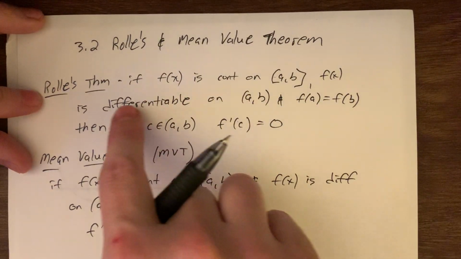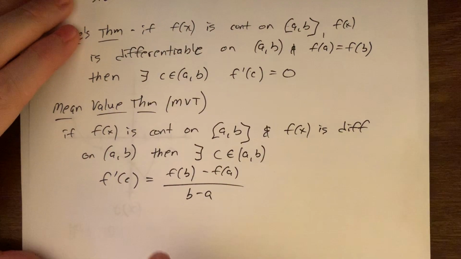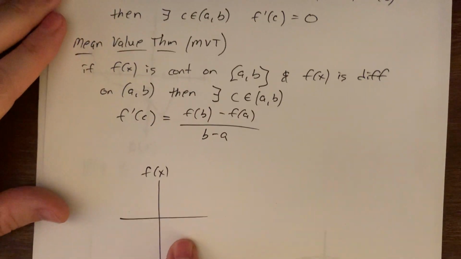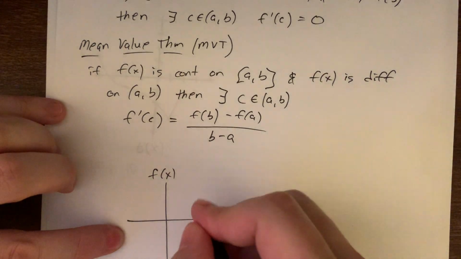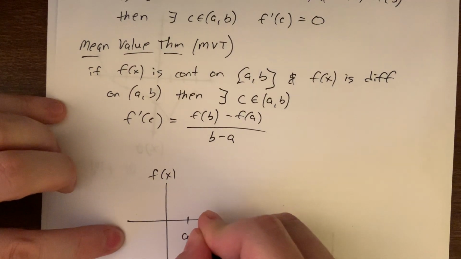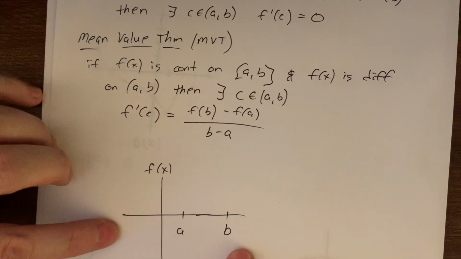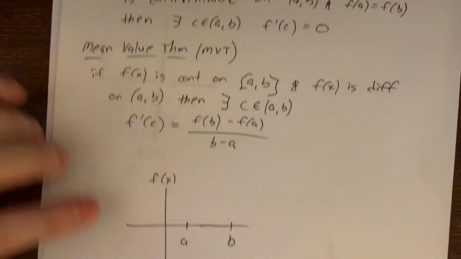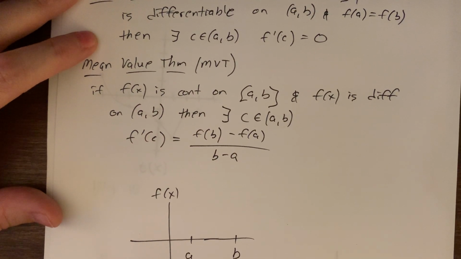If we draw a graph of a function that satisfies these three conditions, well, I'll just label my graph f of x. I'm going to set up some interval a to b. Let me just put them over here for convenience. So it doesn't matter that they're both positive x values here. That's not going to make any bit of difference. And if I'm going to satisfy the conditions in Rolle's theorem, well, again, three things.